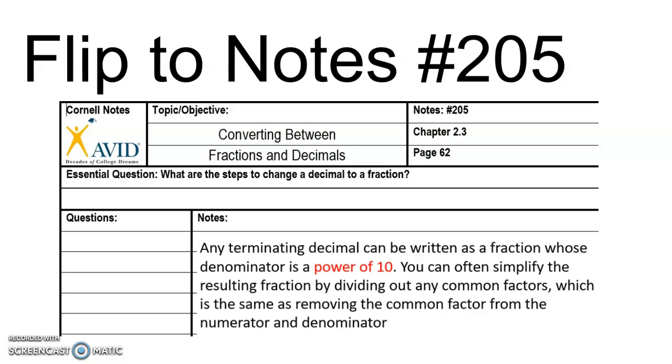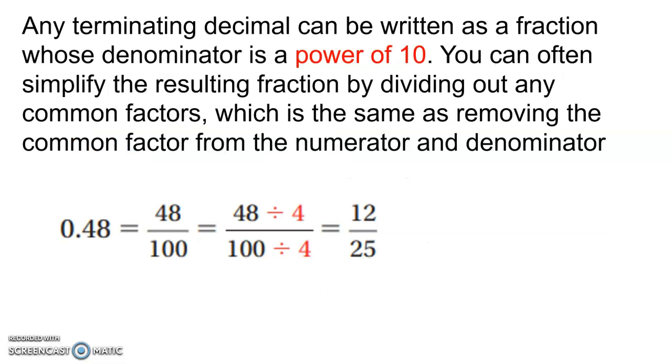Alright, so today we're going to be converting fractions to decimals. No, we did that yesterday. It's supposed to be decimals to fractions. So that's what we're going to be doing today. Any terminating decimal can be written as a fraction whose denominator is a power of 10.